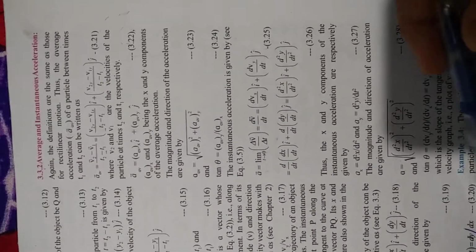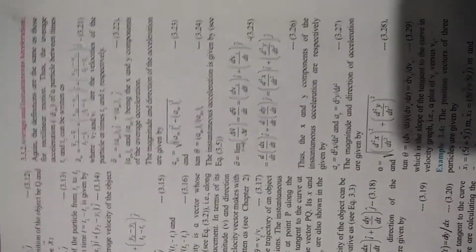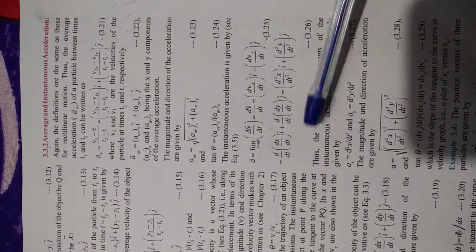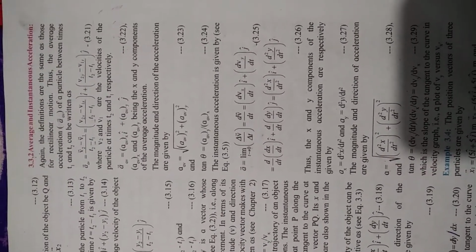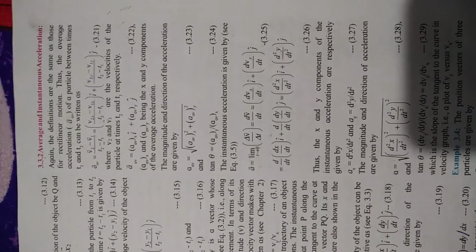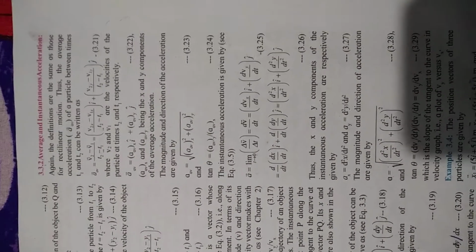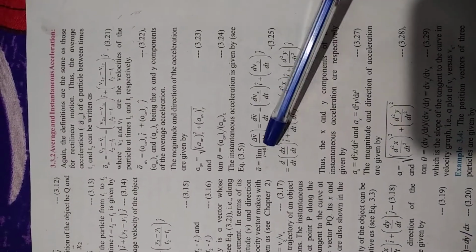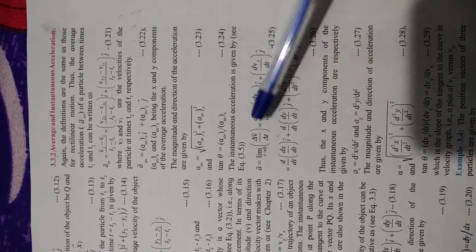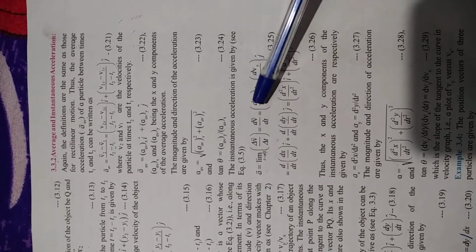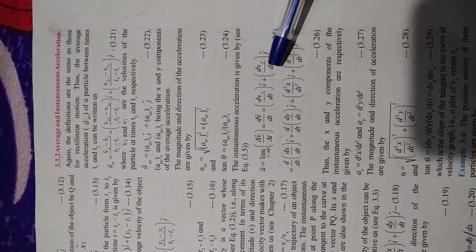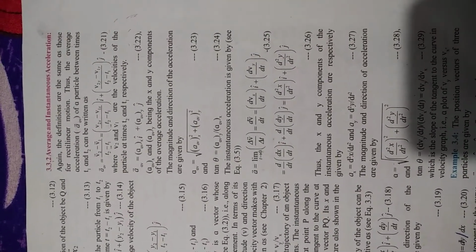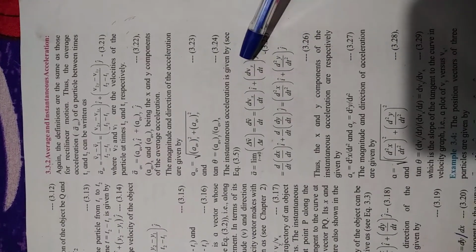As we have obtained the velocity in terms of derivative, we have to obtain acceleration in terms of derivative. So acceleration a is equal to limit delta t tends to 0, delta v by delta t, that is dv by dt, that is dvx upon dt plus dvy upon dt. This is acceleration in terms of velocity.